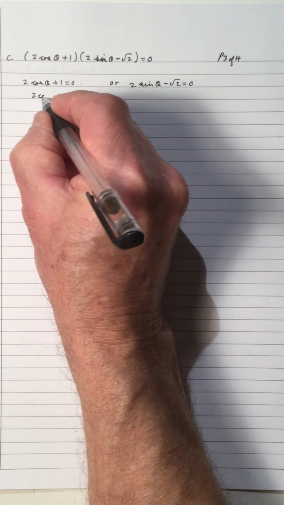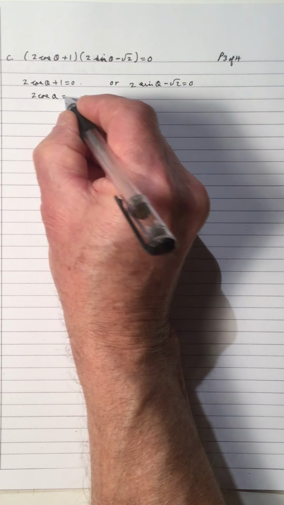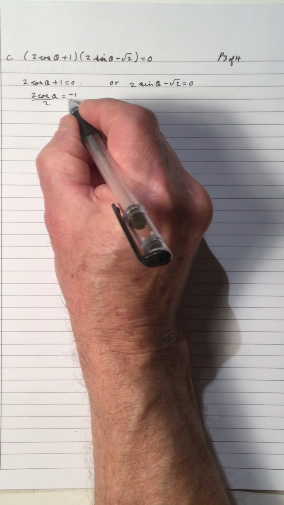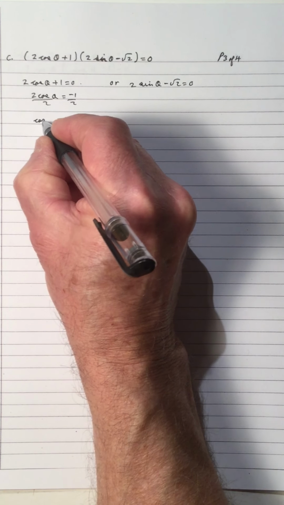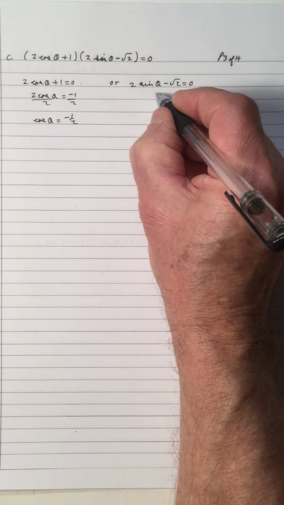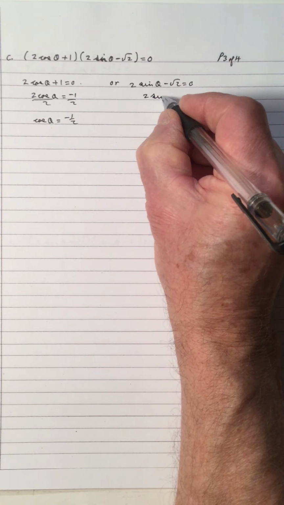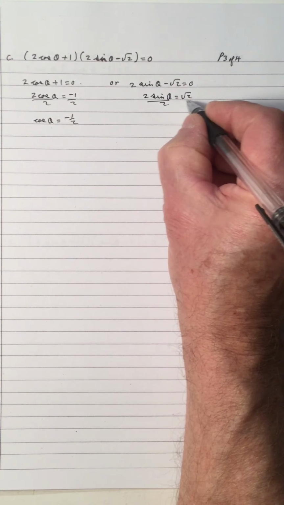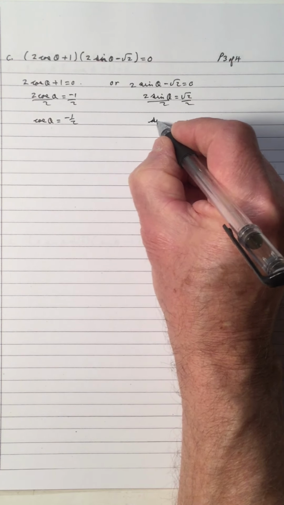So we have to solve the equation for cos theta, so the plus 1 moves over to become a minus, and divide by 2. So cos theta is equal to negative a half. And here, 2 sine theta equals root 2, divide by 2.